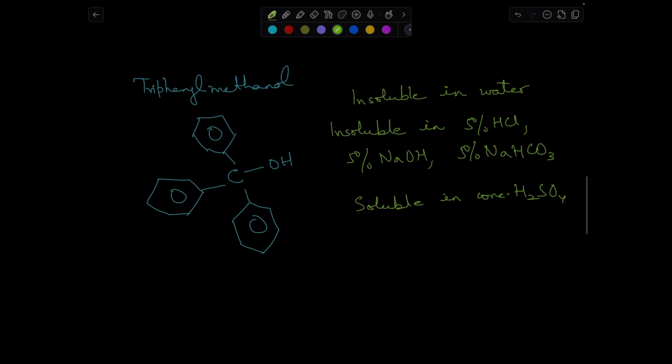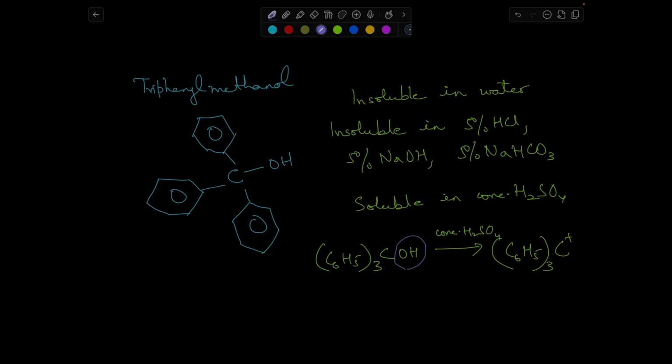So if this is triphenylmethanol in concentrated sulfuric acid, it forms the cation because concentrated sulfuric acid is dehydrating, so it takes away the OH, forming the cation, and this can be colored yellowish.